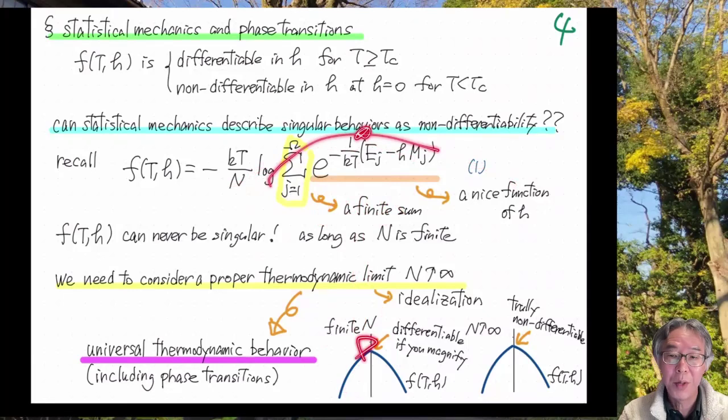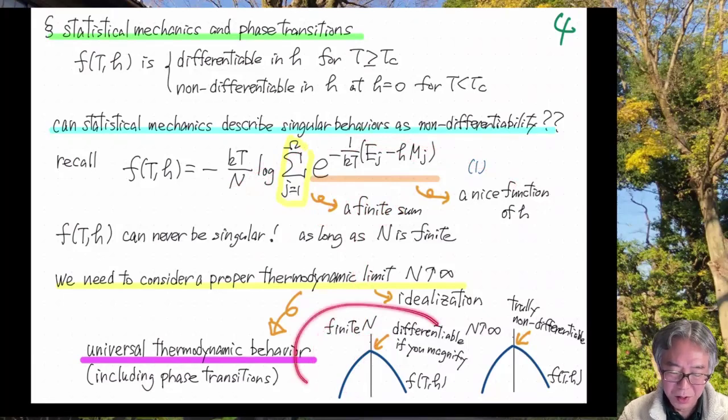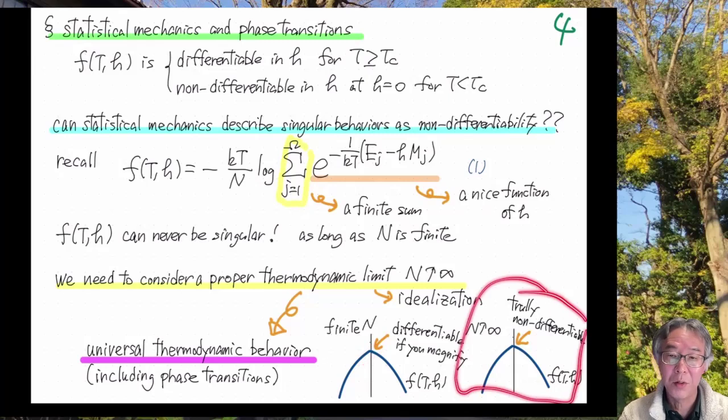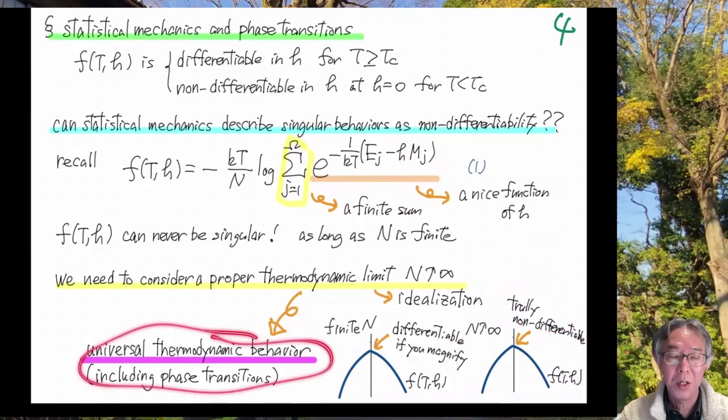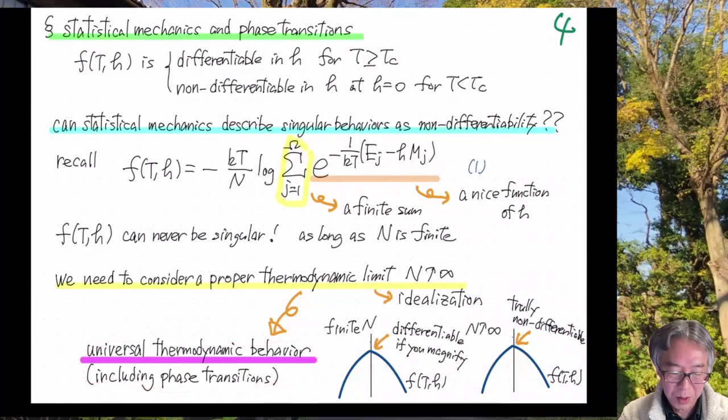But studying such a case, a function which looks almost non-differentiable but is still differentiable, is much harder. It is much more straightforward to consider a function which is truly non-differentiable, and it captures what we observe experimentally or thermodynamically.